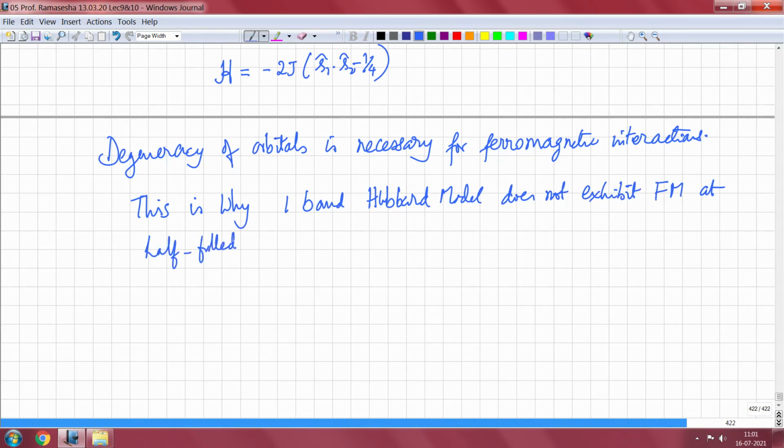At one electron less than half filling, you can have ferromagnetism by the Nagaoka theorem, but that is basically pathological. You can never have a situation where you can precisely have one electron less than half filling in a system.